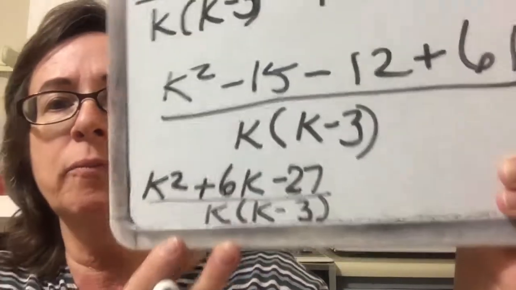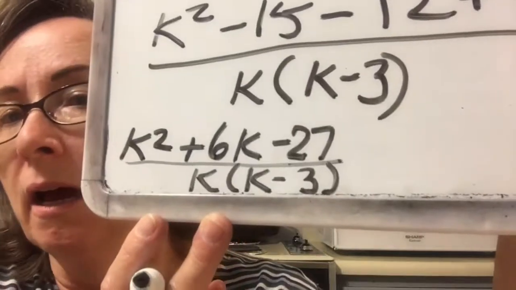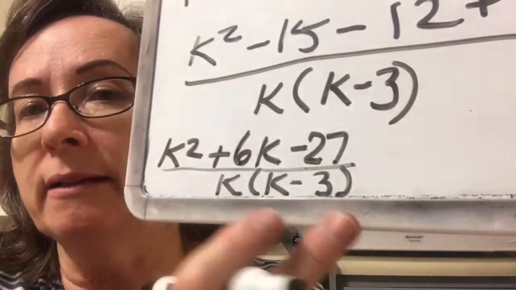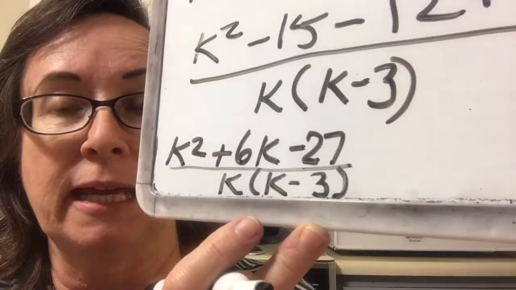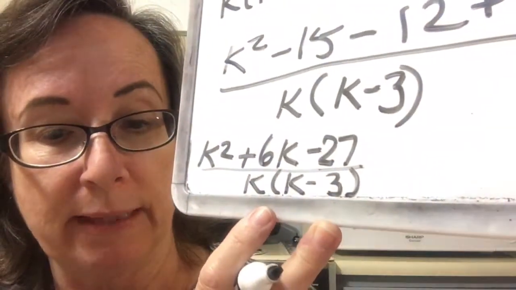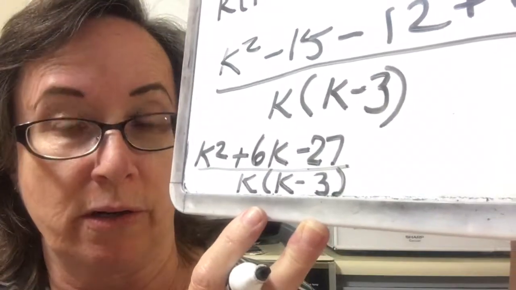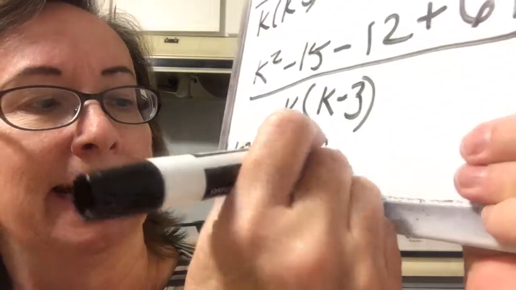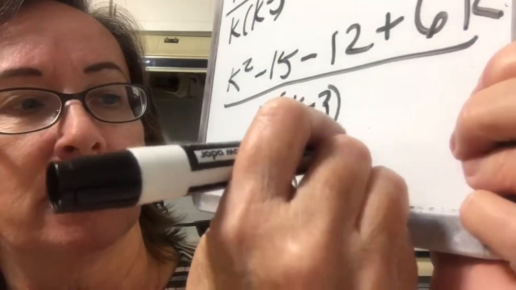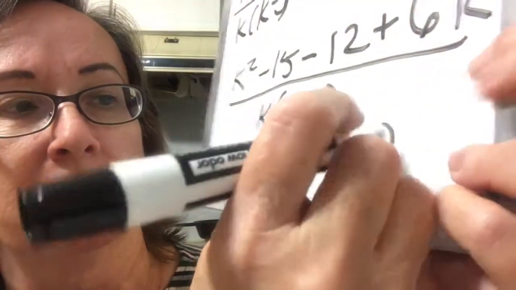Okay, so I end up with this, but because 3 does go into 27, I have at least cause to think that possibly this will reduce further. So I'm going to factor the numerator and see if k minus 3 is a factor.